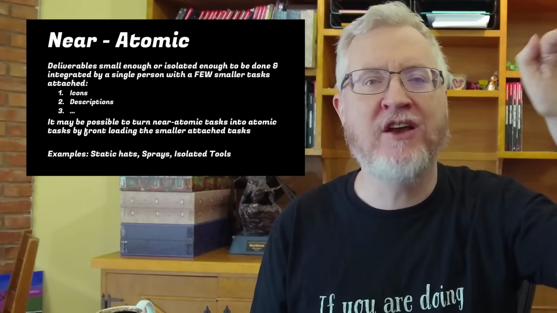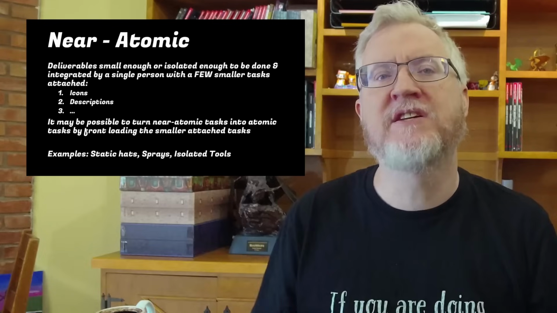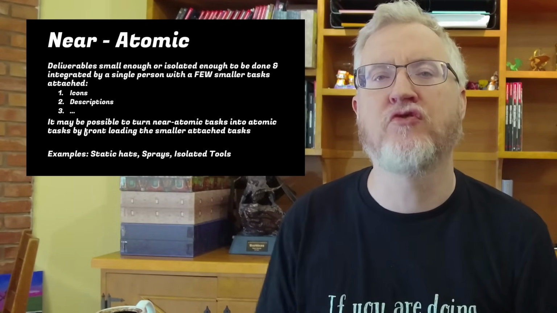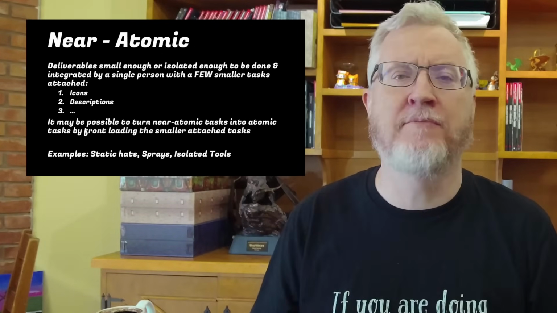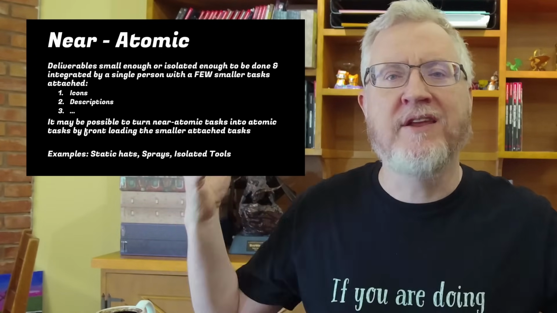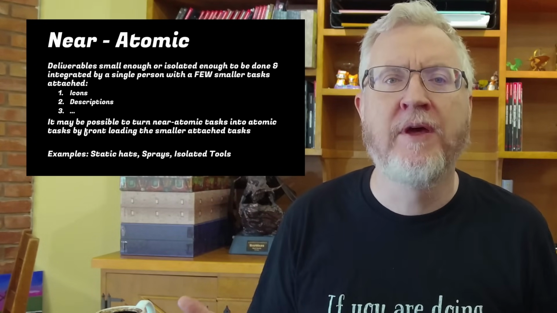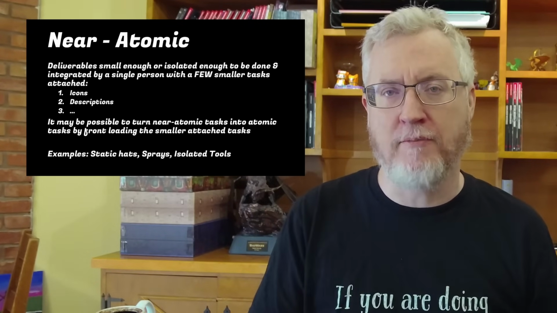And I've attached the icon and I've attached the name. So now someone just needs to come along and do that atomic piece of work of actually modeling and texturing the hat. Or alternatively, you might be able to automate some of this stuff. Maybe the icon is simply an automatically generated screenshot of the 3D model. So you might be able to move things from this near atomic space into the atomic space.